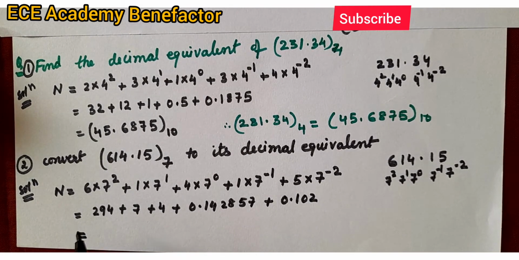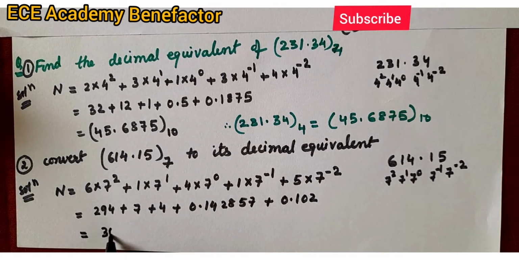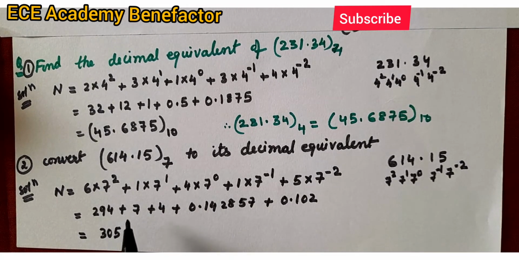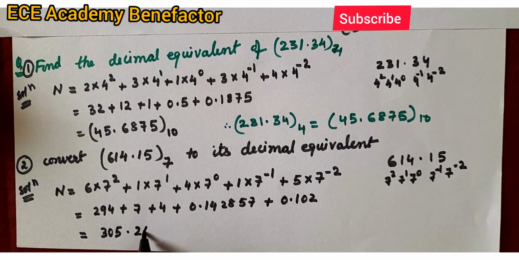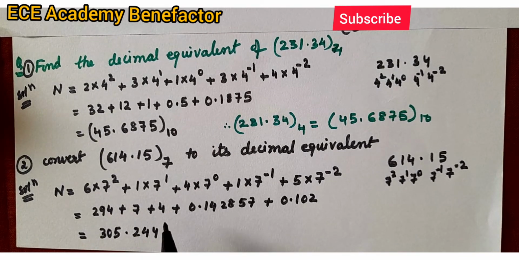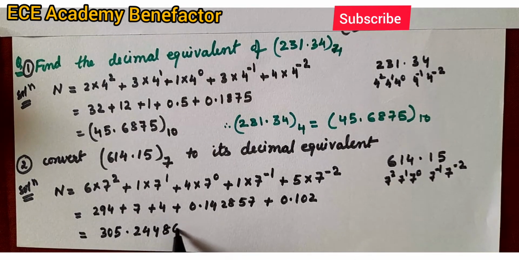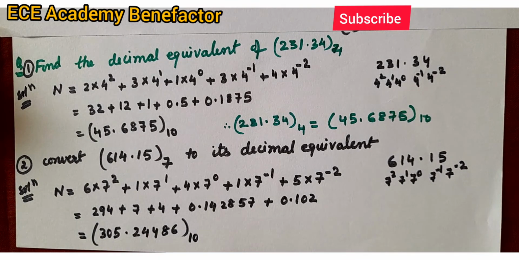On simplifying, we will be getting 305.24486 in decimal.